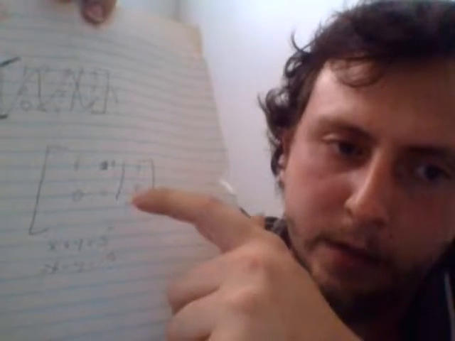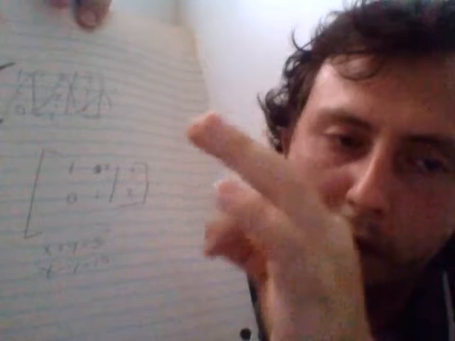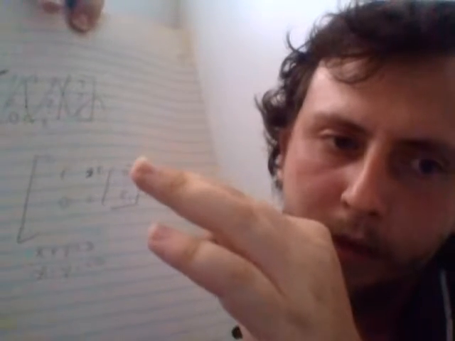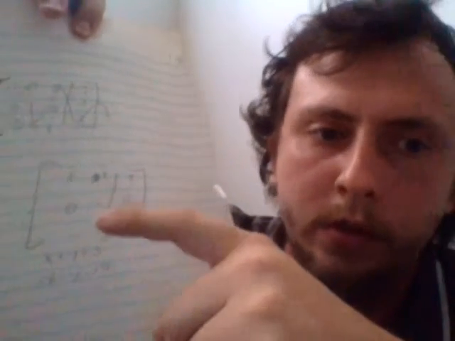The next one after that is 0. So all values below the top level of coefficients will be zeros. I'll elaborate a little bit more on that in the next example.